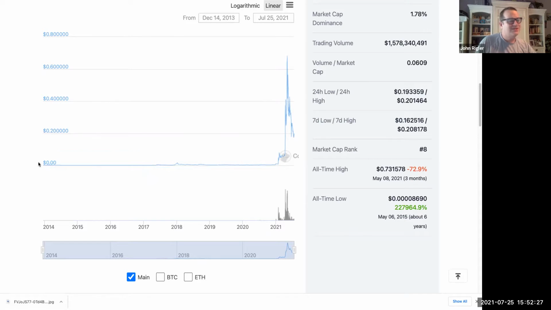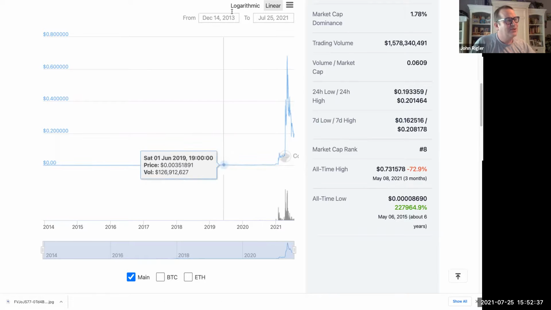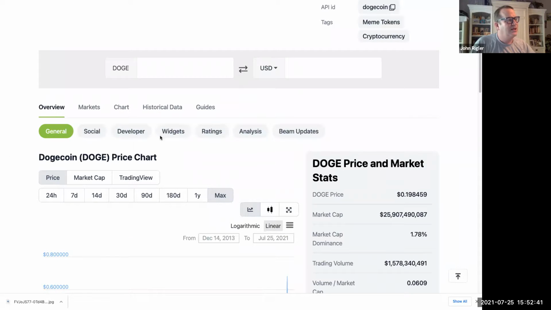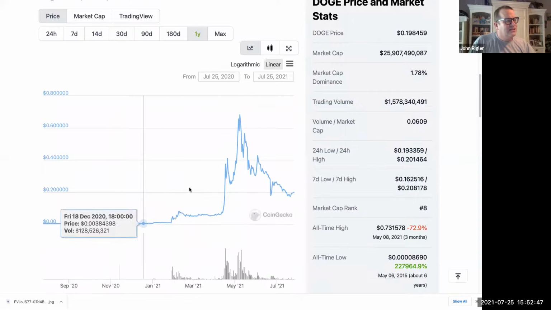So it started, it looks like, in 2014. So if you'd bought back then, of course, you'd be quite wealthy. Let's look at 1 year, right? So yeah, Dogecoin shot up.